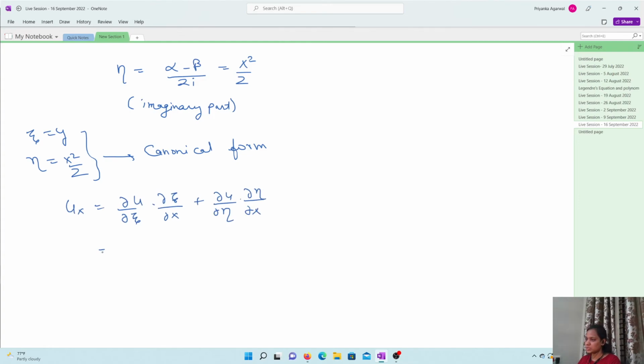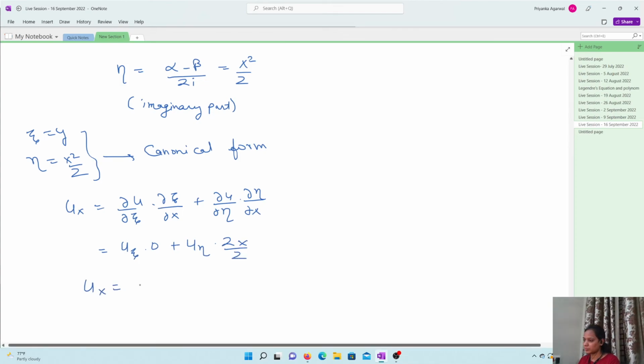So this becomes u xi, and del xi over del x is 0, plus u neta, and del neta over del x becomes 2x over 2. So ux is now x times u neta.